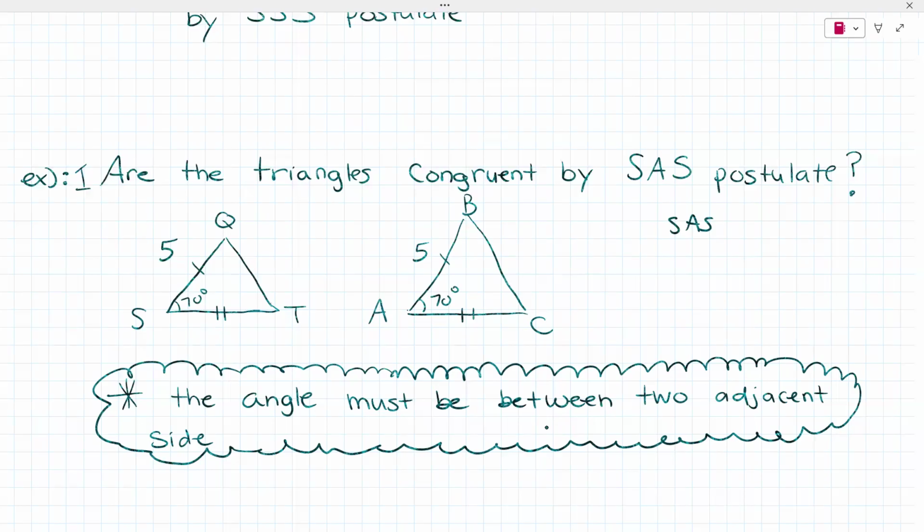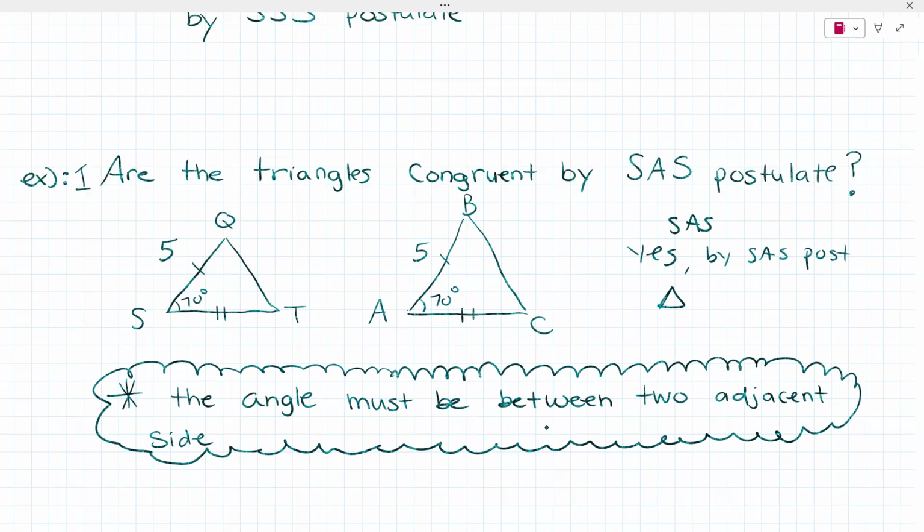So you could say yes, by the SAS postulate. And then you have to say the triangle. In this triangle, you could say triangle STQ. You could also use QST, as long as it's in the same order as the other one.